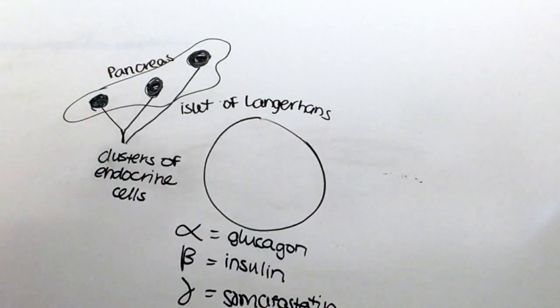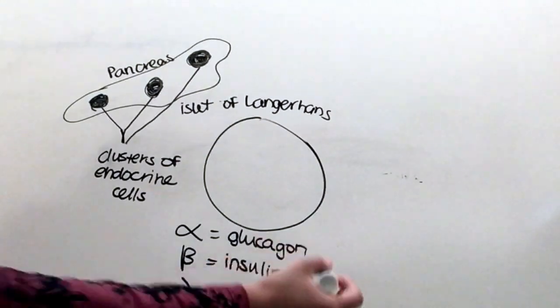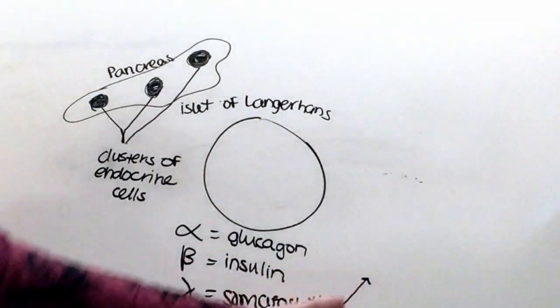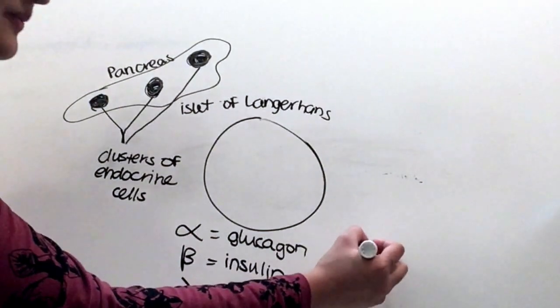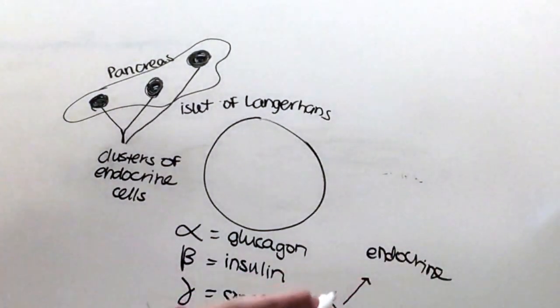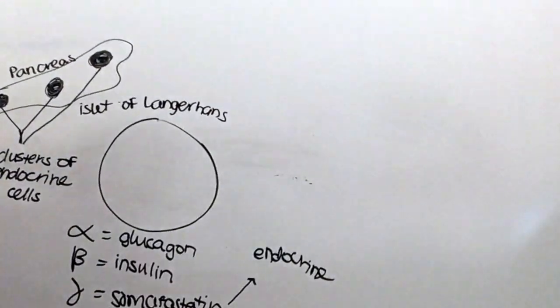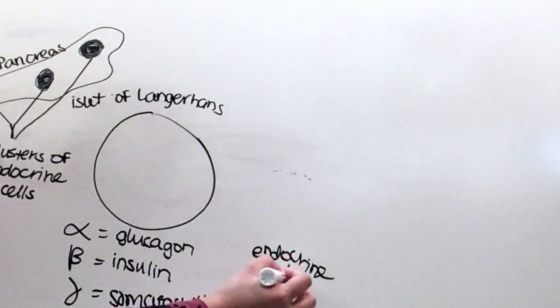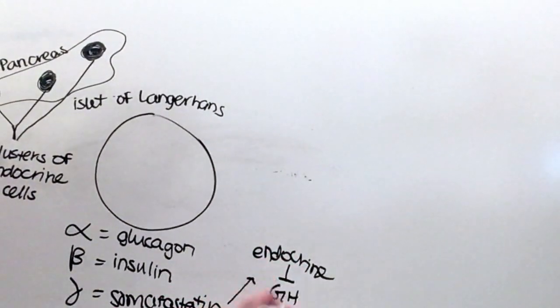And then somatostatin has two distinctly different actions. Both are very, very important. Within the endocrine system, somatostatin is going to inhibit the release of growth hormone, basically.